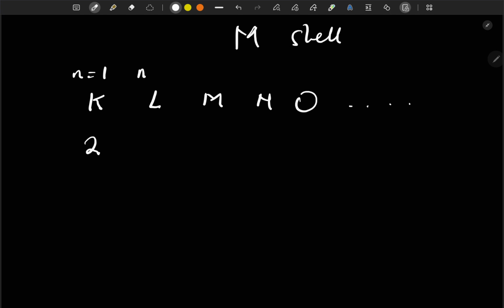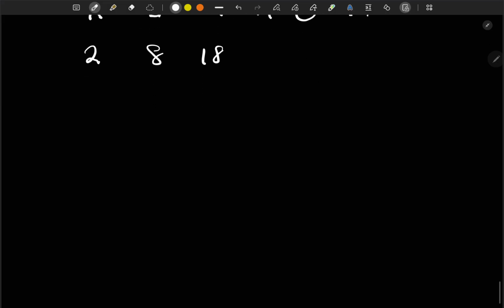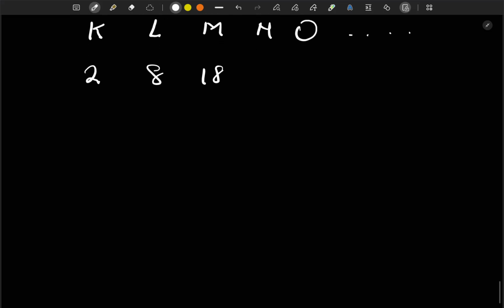The second shell, which is the L shell, can occupy up to 8 electrons. And the third shell, which is the M shell, can occupy up to 18 electrons. Do you get? So now, to write the electronic configuration, let's go back to sodium, which remember is 23 11.